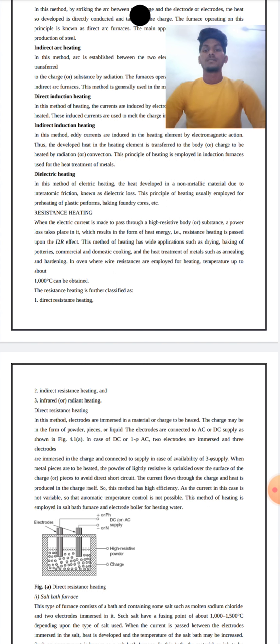Resistance heating. When electric current is made to pass through a highly resistive substance, power loss takes place, which results in heat energy. Resistance heating is based on the I squared R effect.